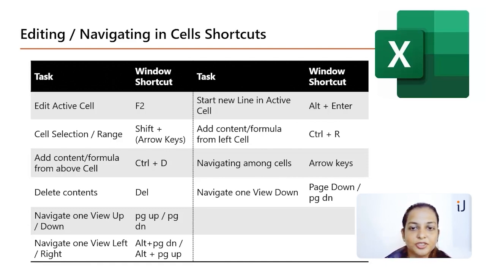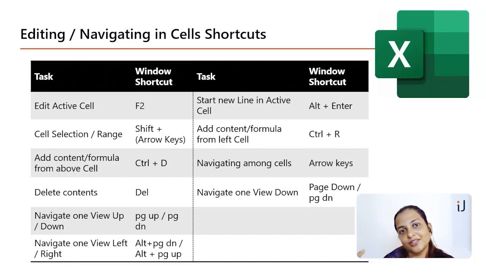Then there are other options also like where you want to edit something. So, okay, I'm going to explain this. Imagine you're typing into your cell, but the data that you're adding requires that it has to be entered in different lines within the same cell. So what you could do is expand your cell in such a way that it is very large enough to accommodate a lot of data.